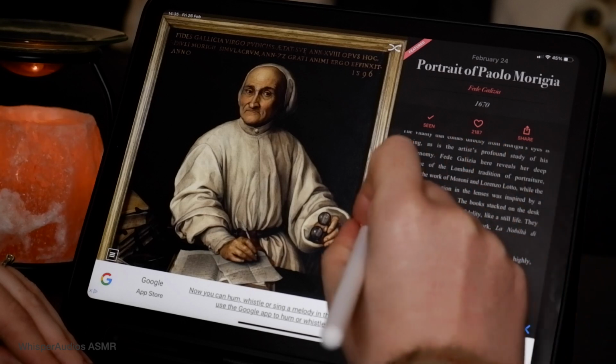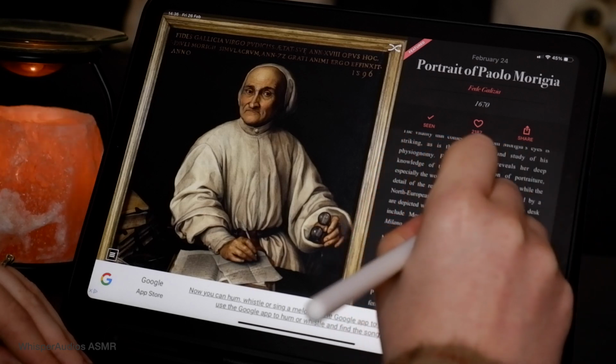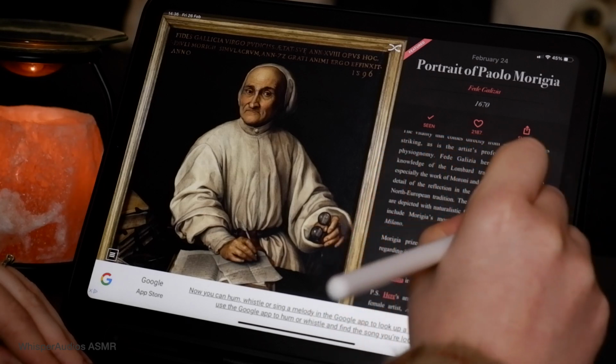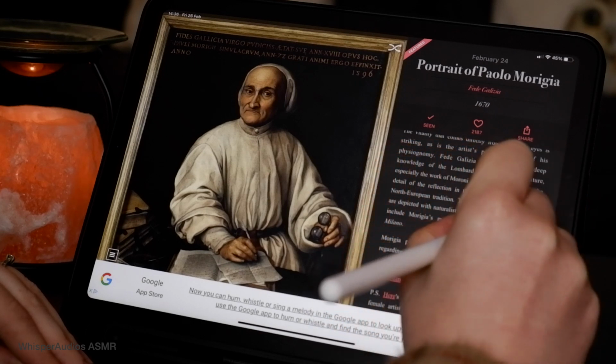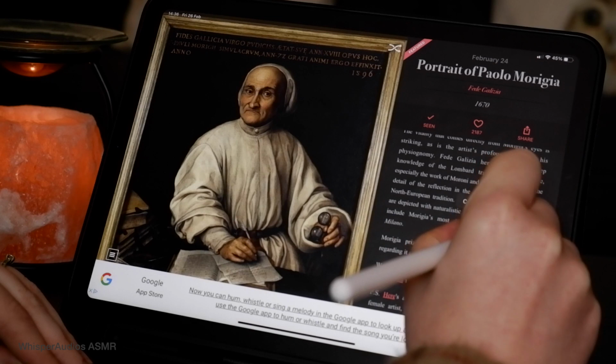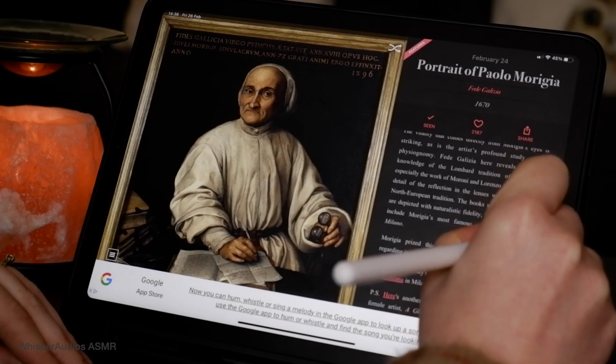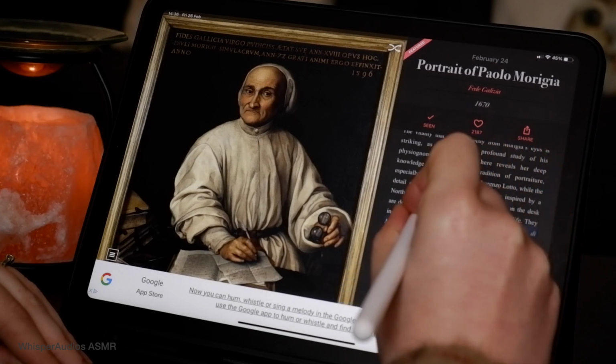The books stacked on the desk are depicted with naturalistic fidelity, like a still life. They include Morriga's most famous work, La Nobilità di Milano.